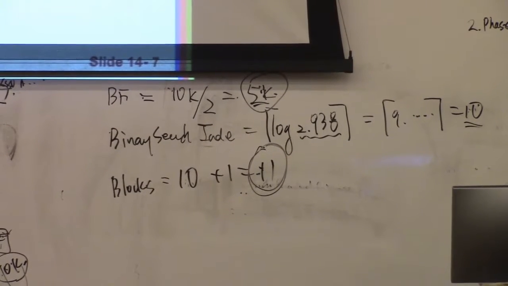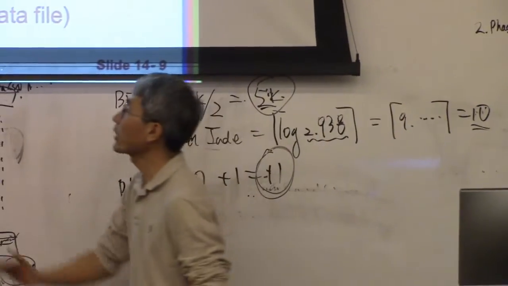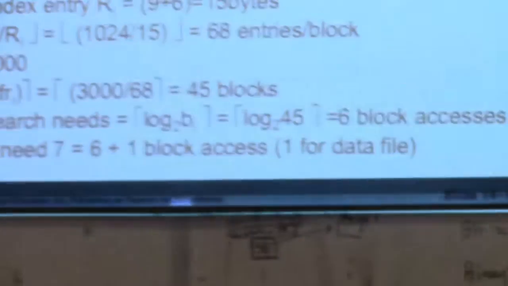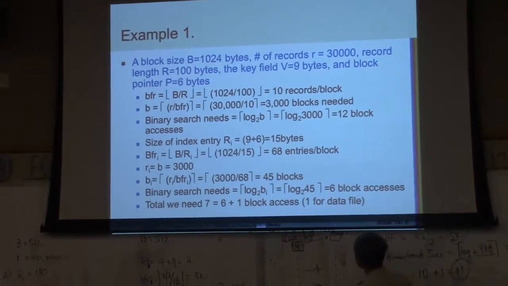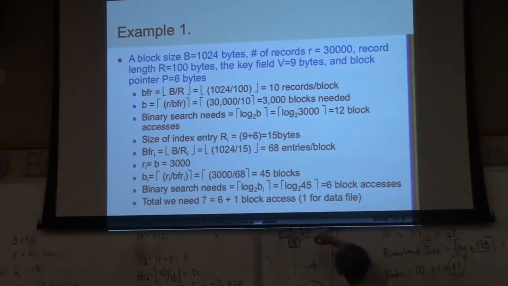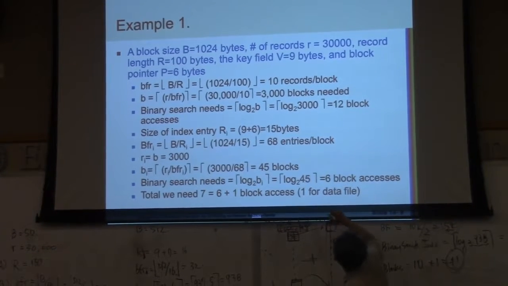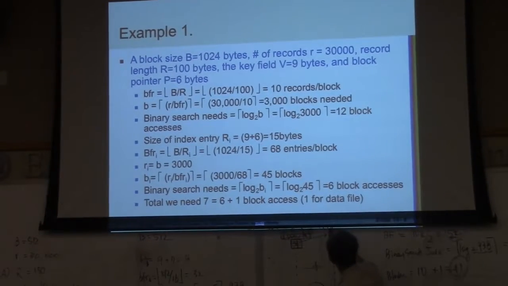Okay, then this is the general case of the index. What if it's a primary index? For a primary index, the data file is sorted by the social security number.